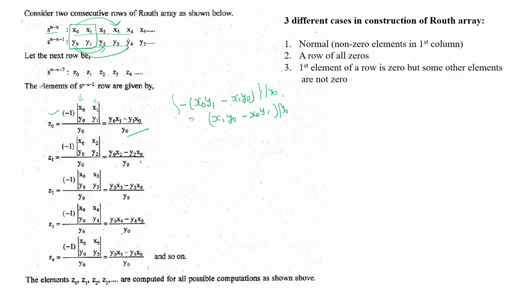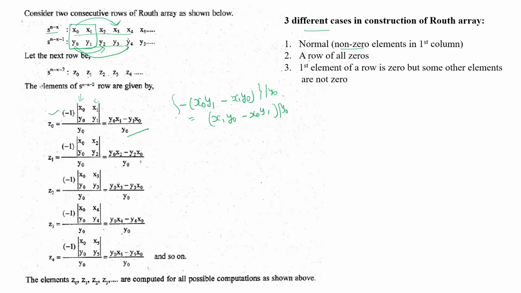But here we have three different conditions in the Routh array. The first is the normal condition, where all elements of the first column are non-zero; positive or negative, no problem, as long as non-zero.